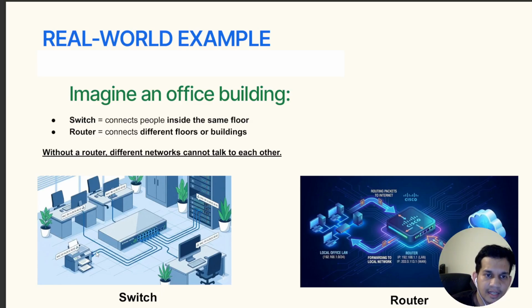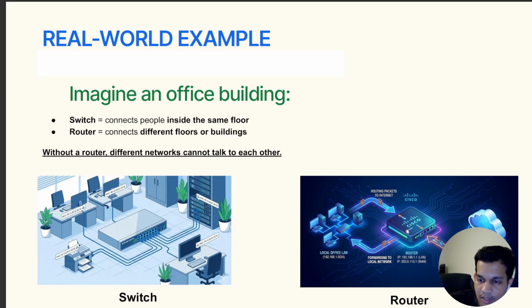So let's take a real world example, and then I think the concept will be clear. Imagine an office building. What does a switch do? A switch connects the people inside the same floor. Over here, can you see this device is called the switch. It connects all the PCs, printers and servers, and they are in the same network.